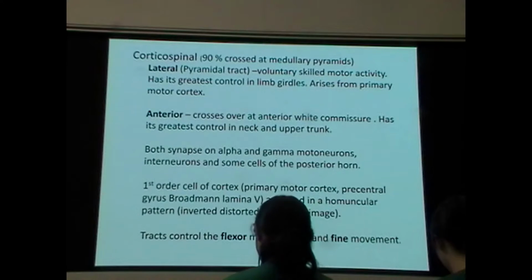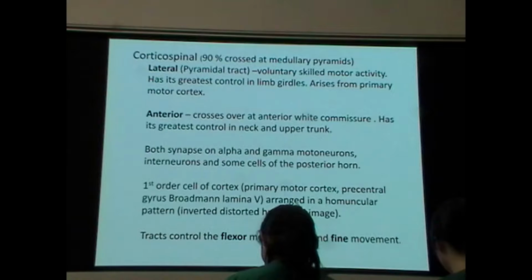This is called the lateral pyramidal tract, or the lateral corticospinal tract. And this has the greatest control of your limb girdles, the upper extremity and lower extremity. They arise from the primary motor cortex.